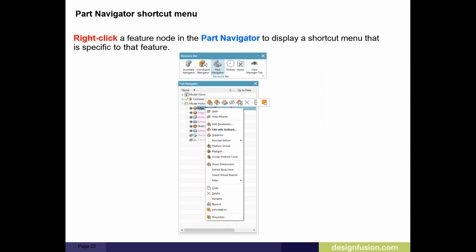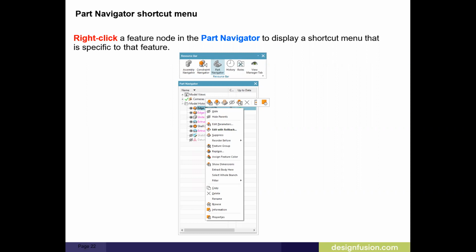So at any point, you could go into that feature and suppress it, hide it, add parameters, edit, rollback, but you could also change the order of the features.